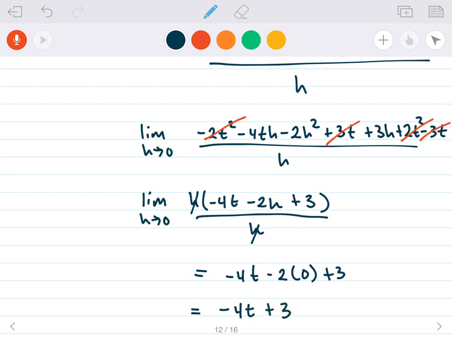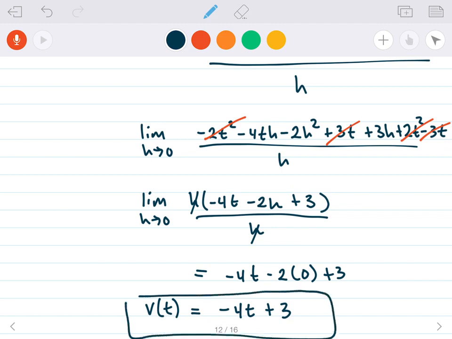So what did I just find? Well, I took the derivative of the position function. So I found v of t. This is the velocity function. And so I can figure out what the velocity is at any instant in time with this function. If I plug in t equals 1, that tells me that the velocity is negative 1.